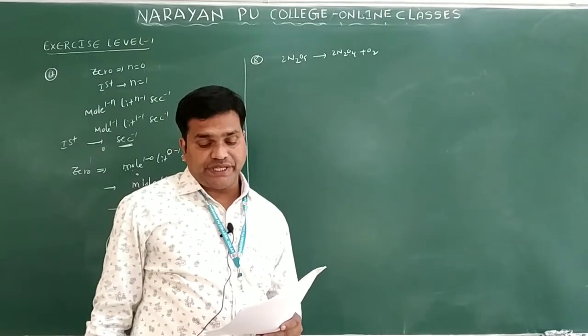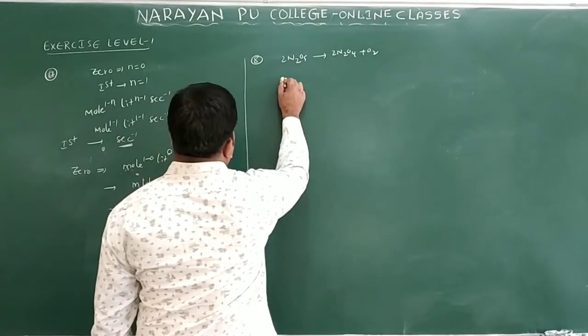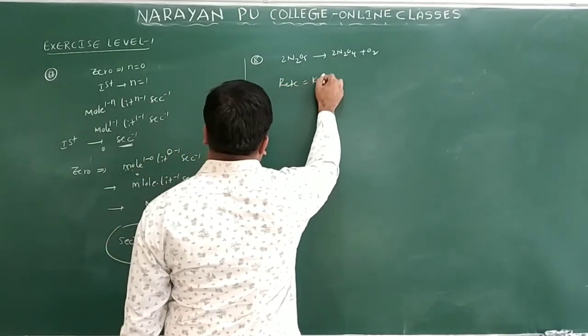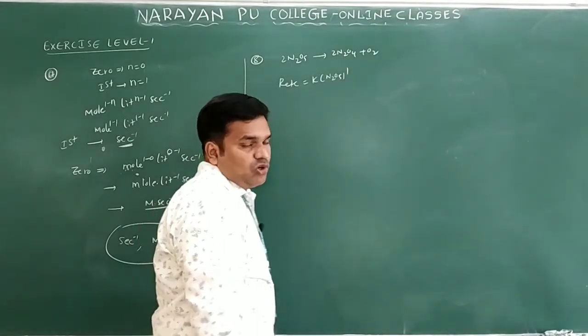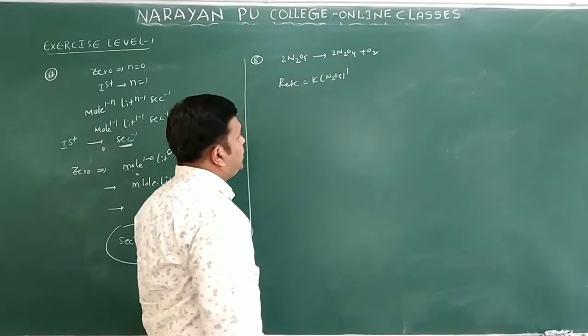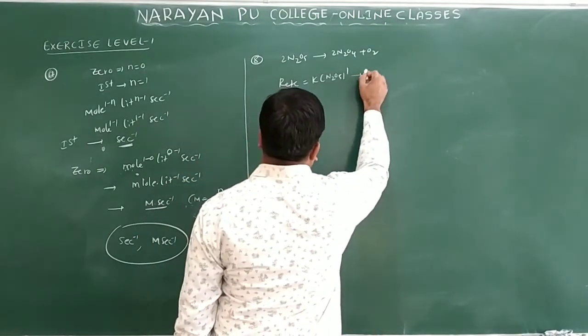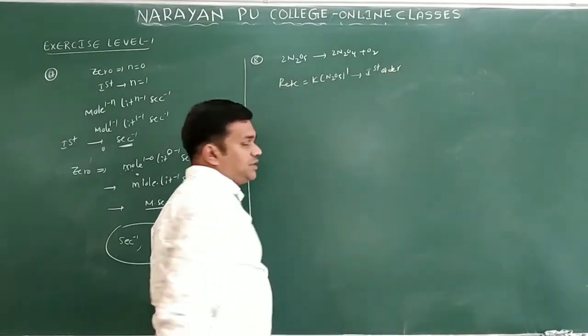Decomposition of N2O5 is a first order reaction. I will write here rate is equal to K into concentration of N2O5 whole power 1. This mechanism was already discussed in the class. Which order reaction is this? This is a first order reaction.